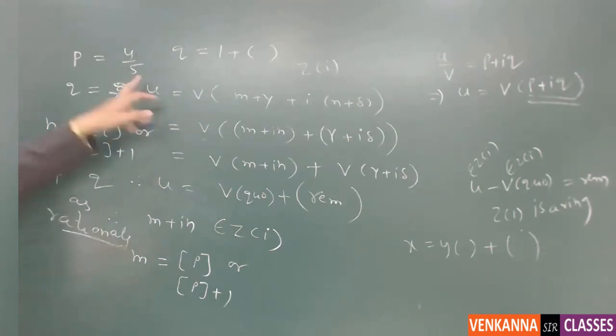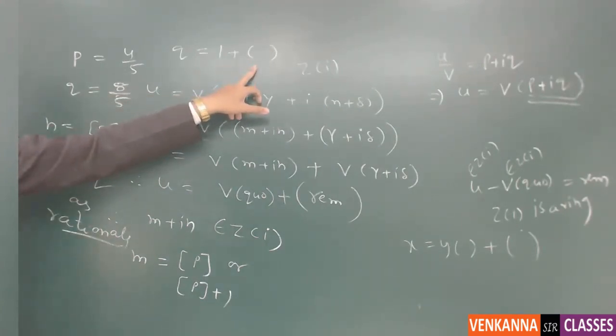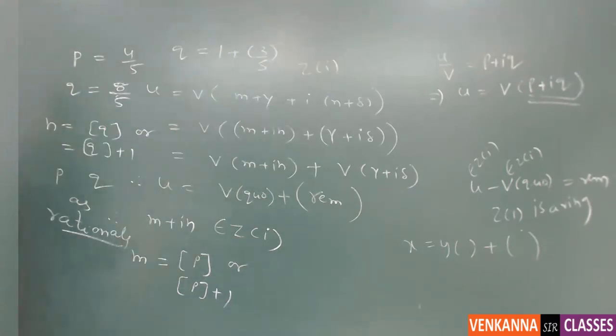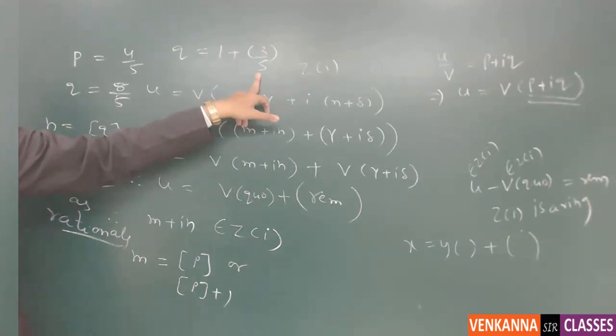So actually, if you have bifurcated 8 by 5, what is the fractional part here? 3 by 5, isn't it? Am I right or not? So this 3 by 5 is greater than or equal to half, or less than or equal to half?